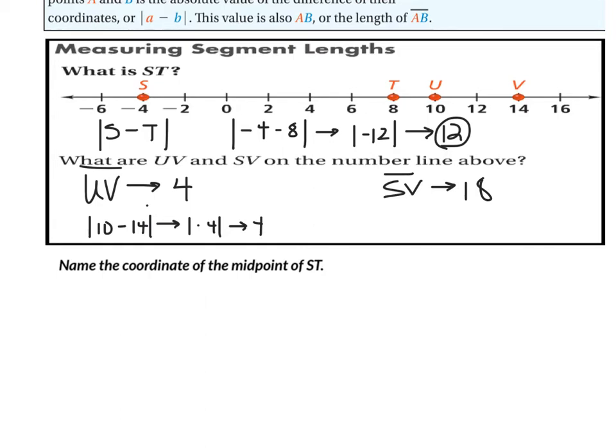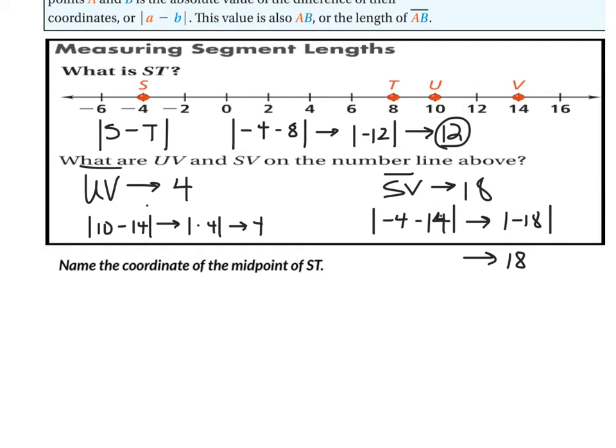Or, if I wanted to actually calculate this, this would be the absolute value of -4 minus 14. And -4 minus 14 is -18, and the absolute value of -18 is +18. So I'm showing you two different ways here that you can find that.